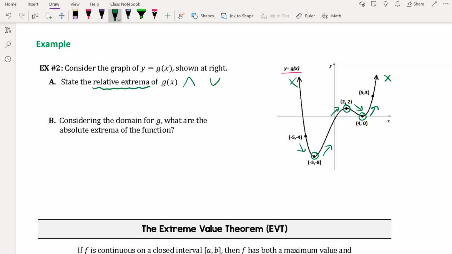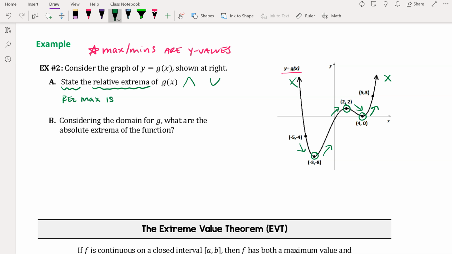Okay, so let's write all those down. And let's actually write them down in the proper way. So this is important for you to know. If we're stating the relative extrema for the AP exam, you need to write it like this. Relative max is, and then the maximum or the minimum. You might want to write a note to yourself: maxes and mins are y values.